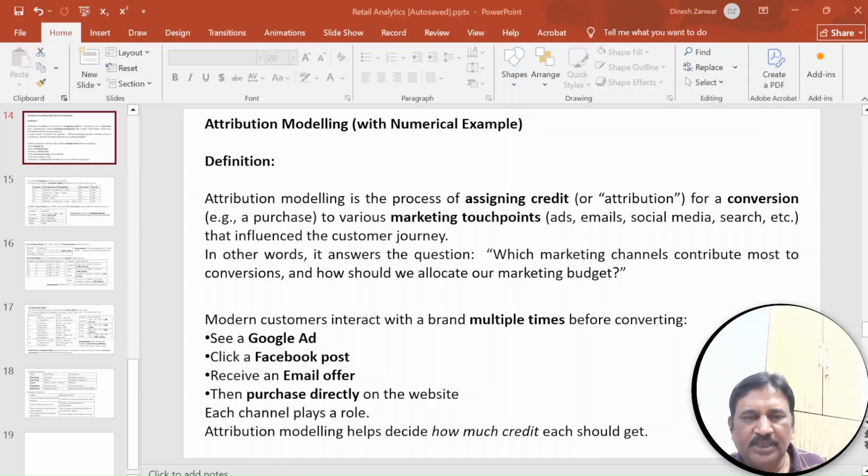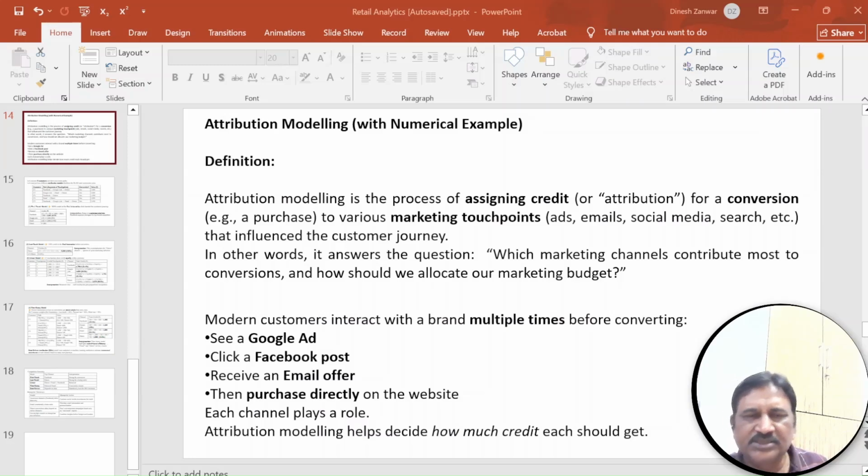So the interpretation is to focus on the awareness channel. Facebook appears strongest for top funnel acquisition, right? So in the funnel of conversion, the first touch model emphasizes using Facebook, giving 100% credit to the first interaction that started the customer's journey.